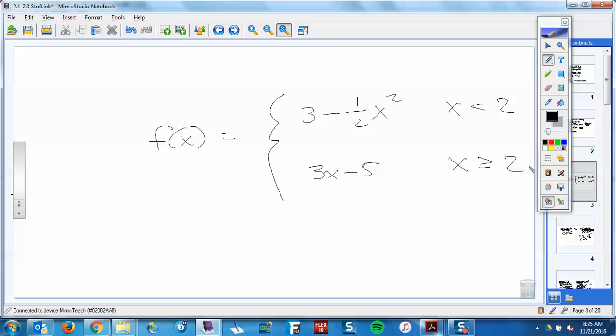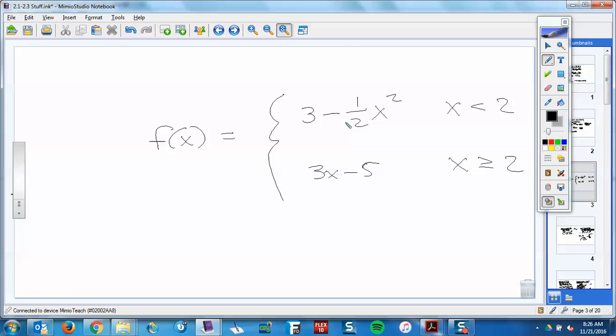When x is less than 2, what kind of graph is this? It's a parabola. Is there anything weird there? Are there any holes in a parabola? Any gaps, breaks, or jumps? So if you're less than 2, how would you find the limit?